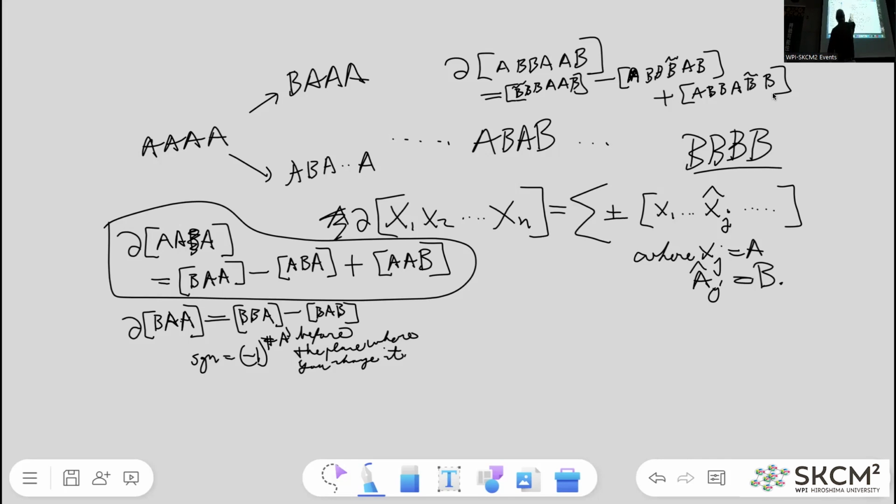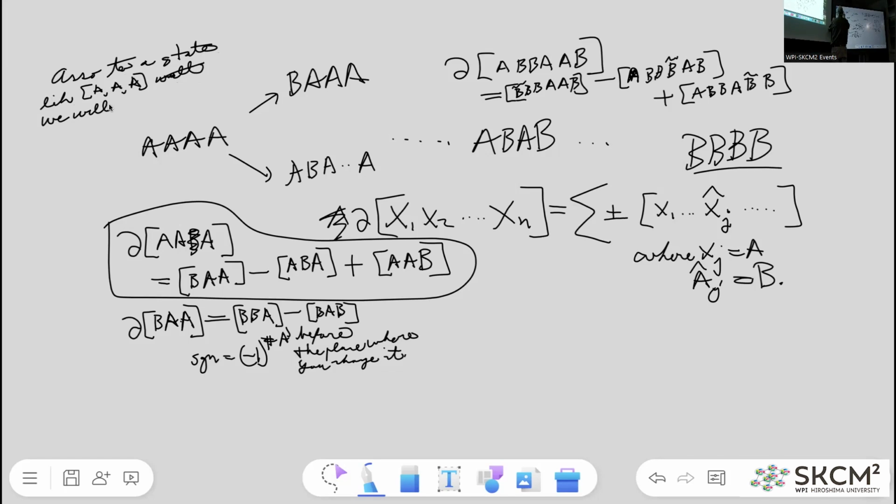But what we're saying is that it's going to go like this: associated to a state like AAA, we will have a module, B of the state.